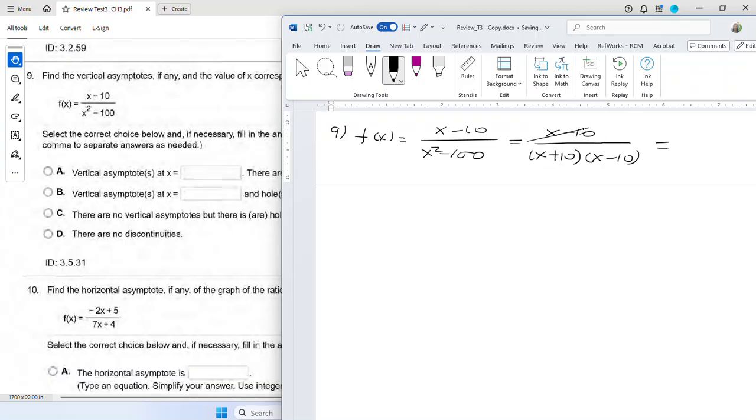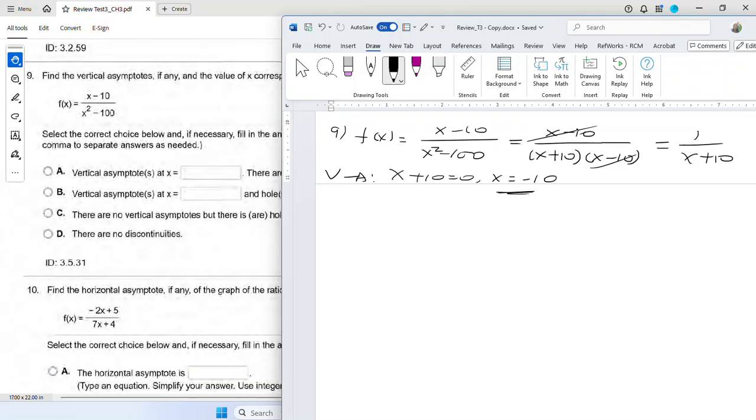And then these two are going to cancel out, so you're going to have just 1 over x plus 10. So your vertical asymptote is only 1, when x plus 10 equals 0, or x equals -10. That is the only vertical asymptote, okay?